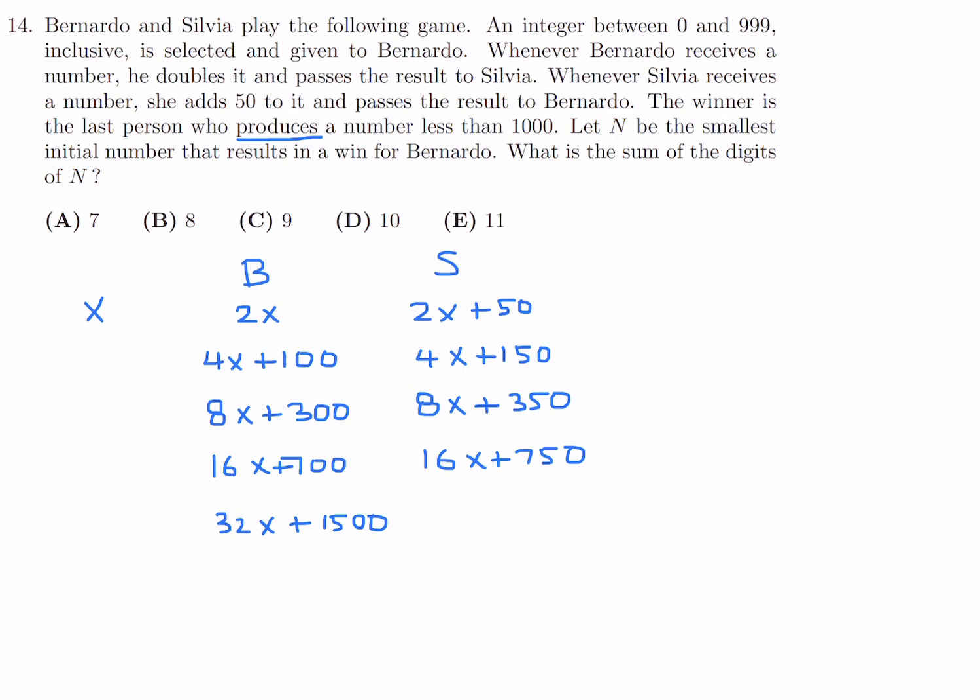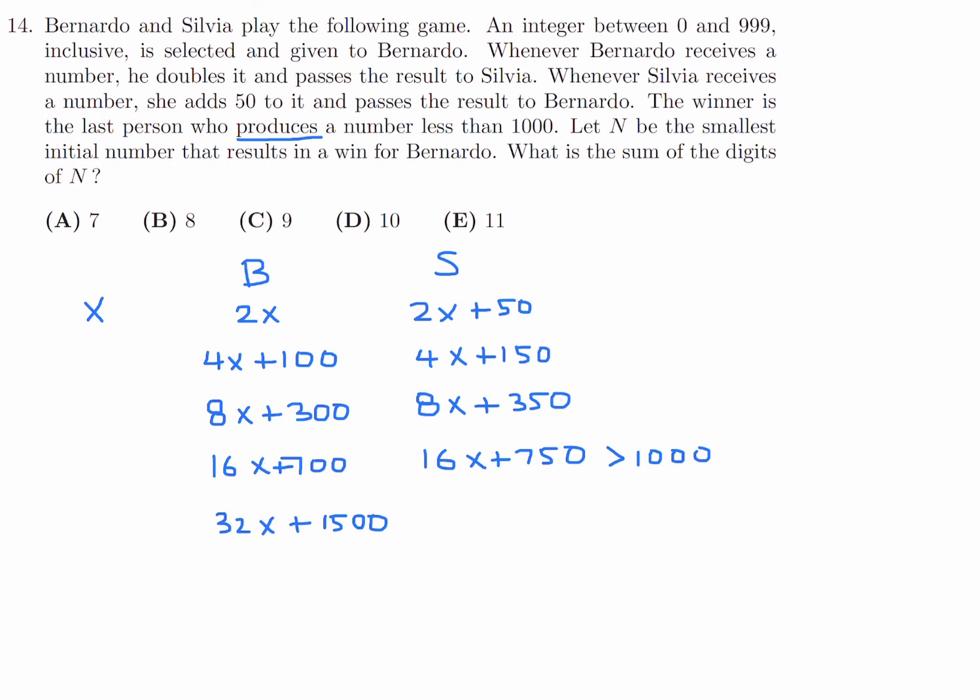So if he gets a number less than 1,000, that means when he passes the number to Sylvia, her number is greater than 1,000. Okay? So we basically have to concentrate on this guy right here. That has to be greater than 1,000 in order for Sylvia to lose and Bernardo to win.